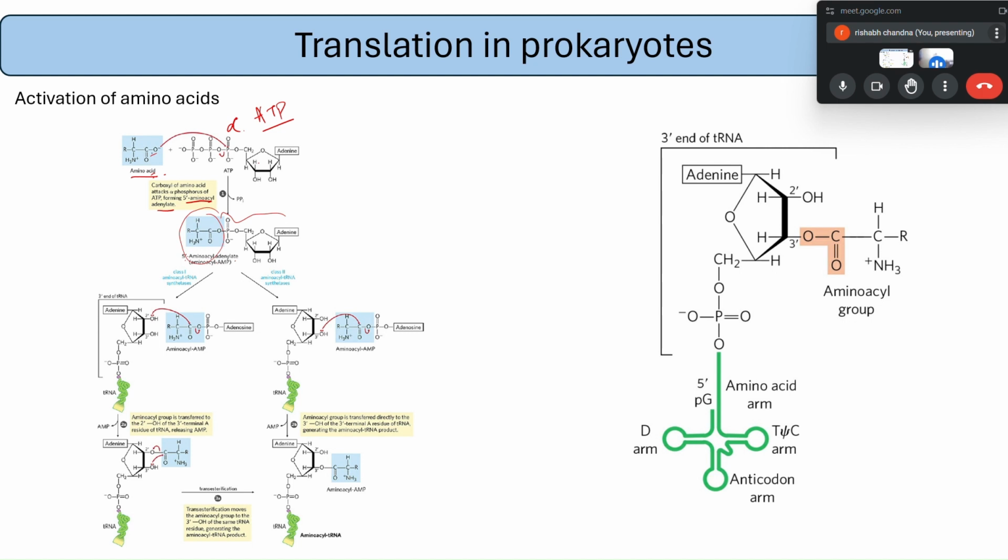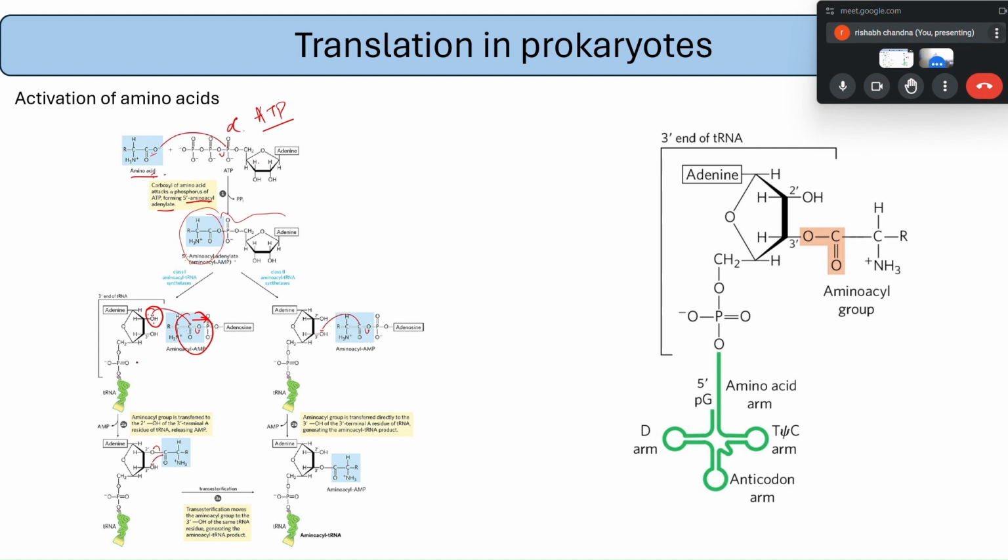So for class 1 synthetases, what happens? Because the phosphoryl group attracts its electrons, the carboxyl group is now an electron deficient compound. So it attracts the hydroxyl group of the last adenine of the tRNA, that is the 3 prime end of the tRNA.